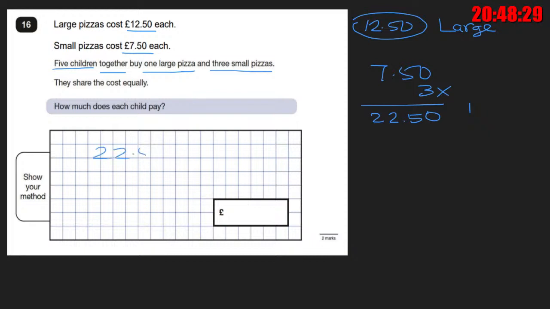So $22.50 add with $12.50, which is the large pizza, add them up: 0, 5 plus 5, 10, and 5, and $35. So if $35 is divided by 5 children, $7 is what each child needs to pay.